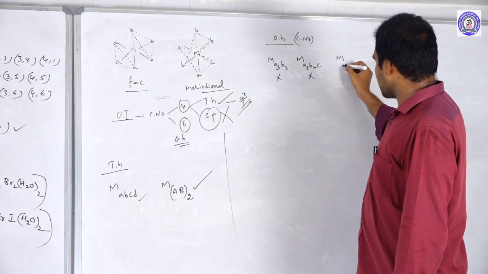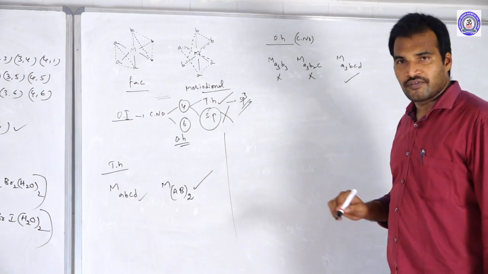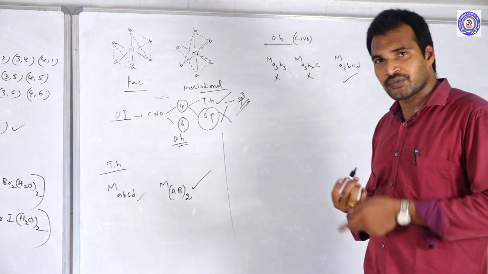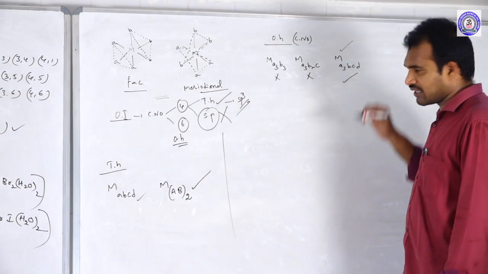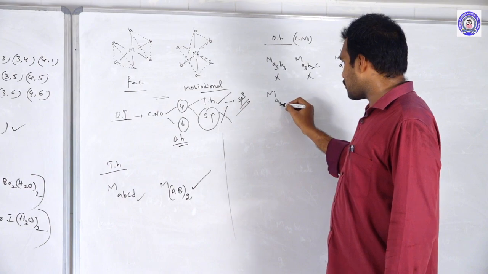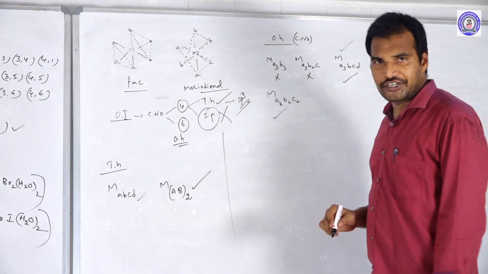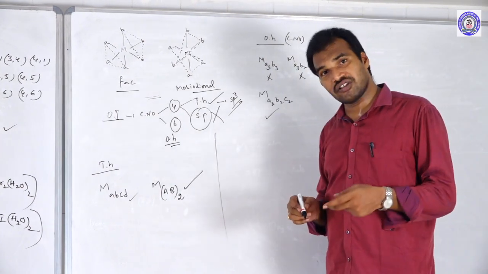Next, MA3BCD? Yes, it can show. Why? Because four different groups A, B, C, D are there, so definitely there is a chance of showing optical isomerism. MA3BCD can show. Coming to the A2 series, MA2B2C2 can show. You may wonder, A, B, C, only three are there, then how can they show?